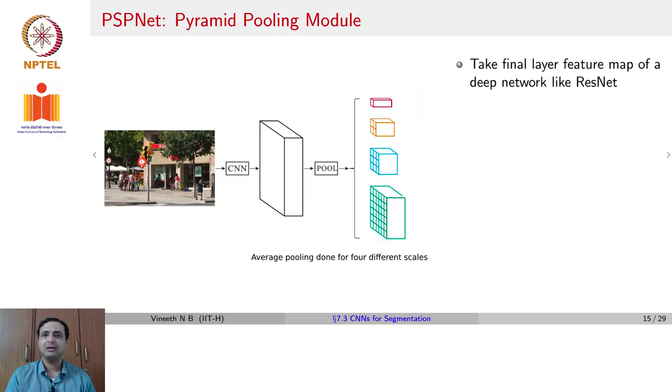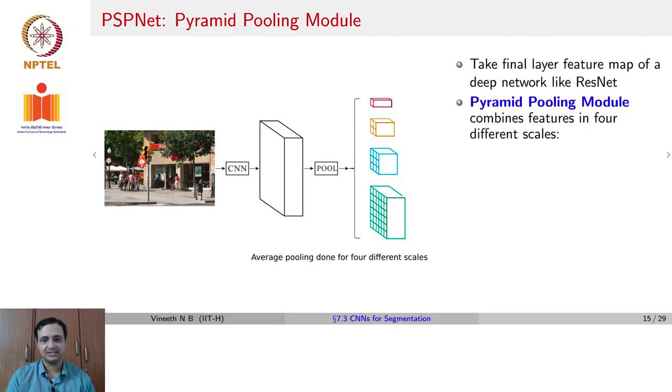So PSPNet introduces a pyramid pooling module where, given an image, you forward propagate it through a CNN, and then there is a pooling layer that pools at multiple scales. What are the different scales? There is a coarse scale, which is simply a global average pooling. So this would be 1x1xC, where C is the number of channels.